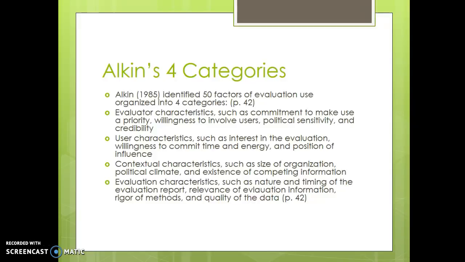The contextual characteristics include things like the size of organization, the political climate, and the existence of competing information. The evaluation characteristics include the nature and timing of the evaluation report, the relevance of the information that comes out of the evaluation, the rigor of the methods, and the quality of the data.